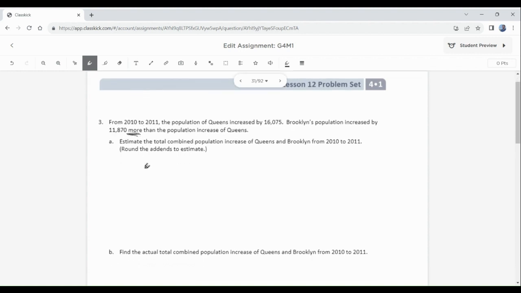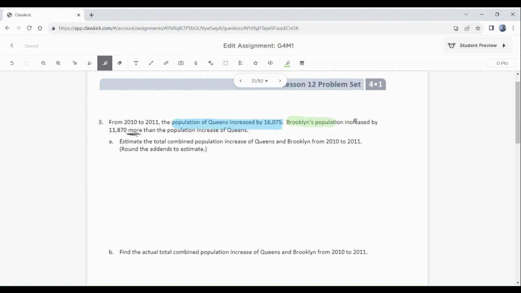So letter A says, estimate the total combined population increase from Queens to Brooklyn from 2010 to 2011. Round the addends to estimate. So just one more time. From 2010 to 2011, population of Queens increased that much. And try and use a different color.